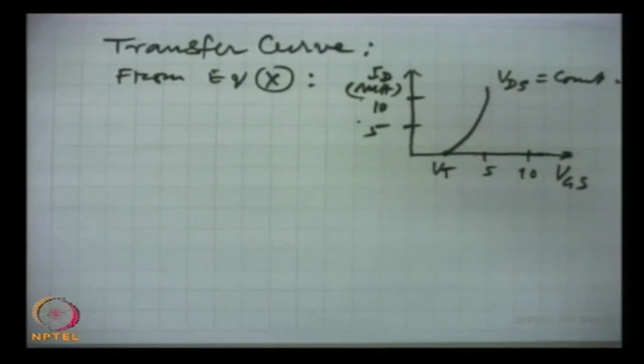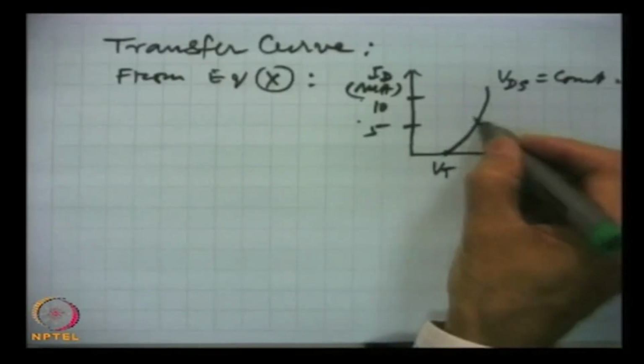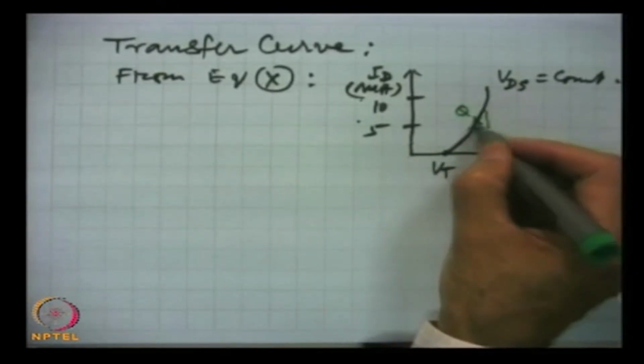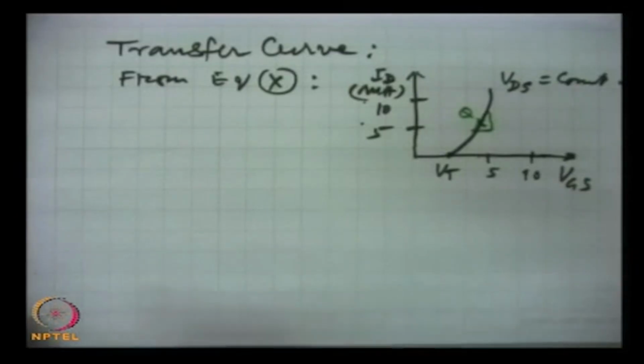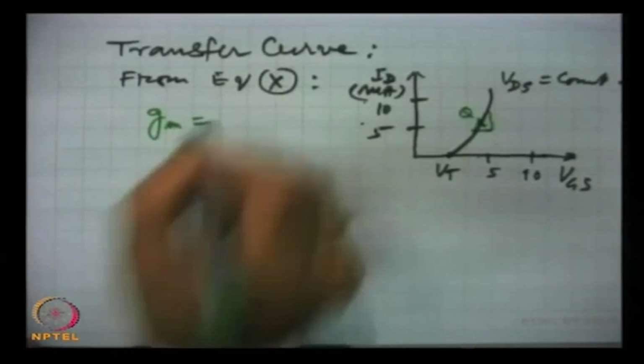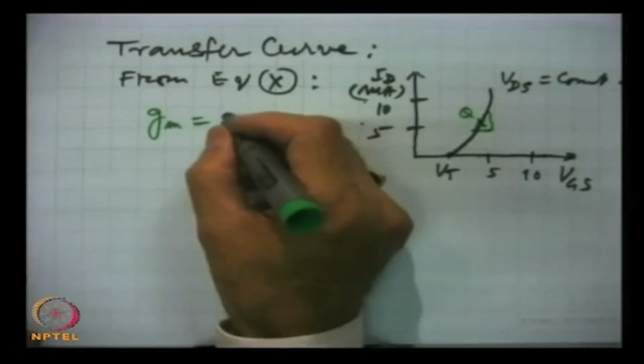Now, from here we can get, we will talk a little later, that at the operating point Q, by putting a tangent we can find out the most important parameter for these devices, and that is Gm, which is transconductance.